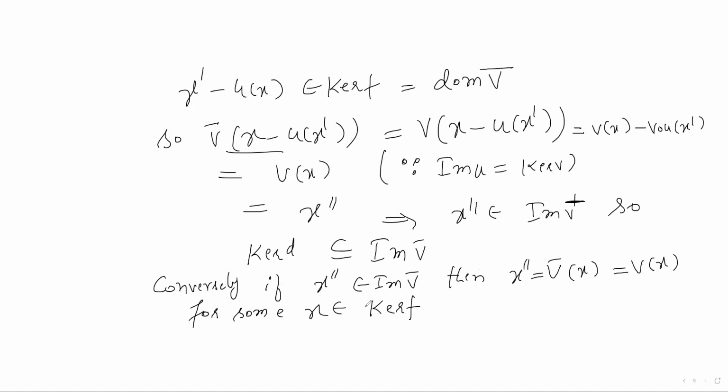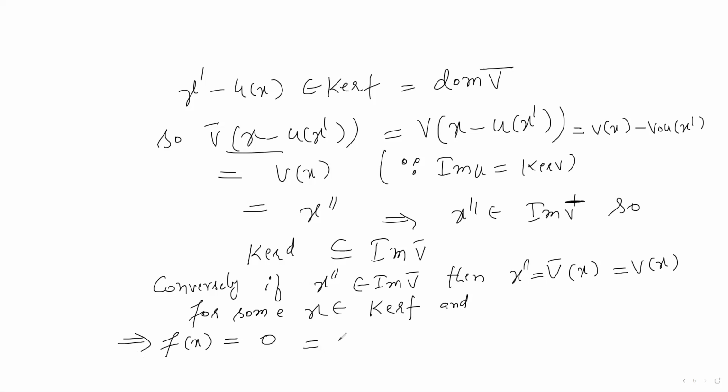Okay, ठीक है. And x in kernel of f है. So this means f of x equal to what? F of x equal to 0, and this implies f of x equal to 0.